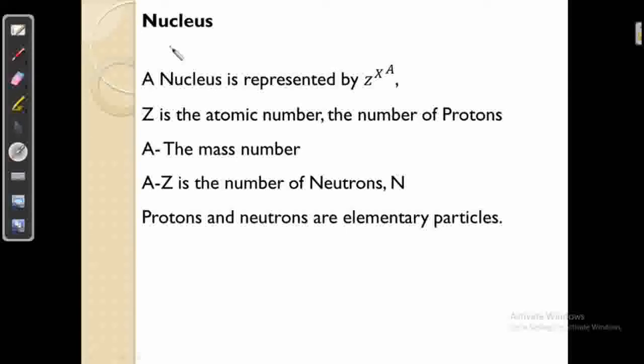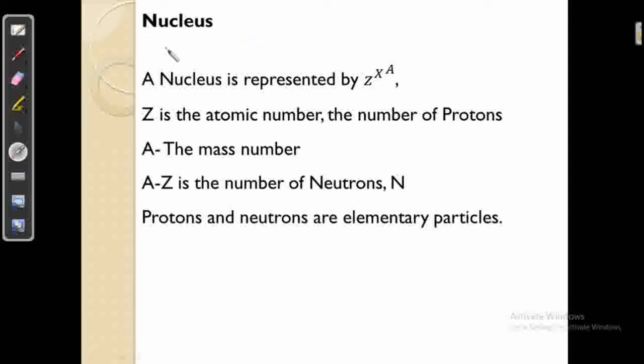The central positively charged core is known as the nucleus, and it consists mainly of 2 particles, the protons and the neutrons, together known as the nucleons. The protons are positively charged, and neutrons have no charge. So we can go deep into the properties of the nucleus, different types of nuclei, what the peculiarities and the stability of the nucleus are, how stability is achieved by the nucleus, etc.